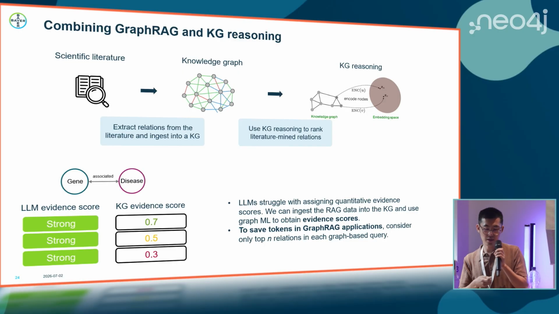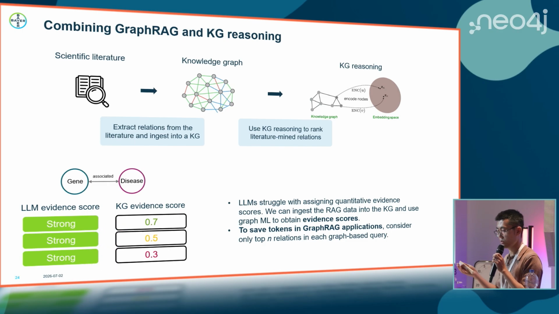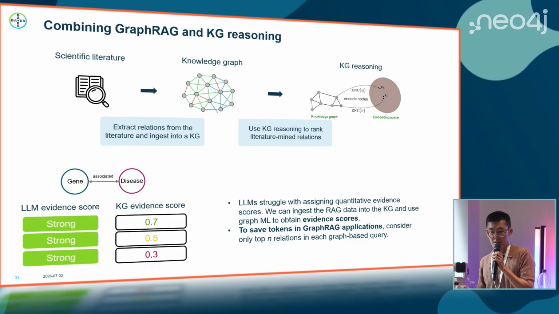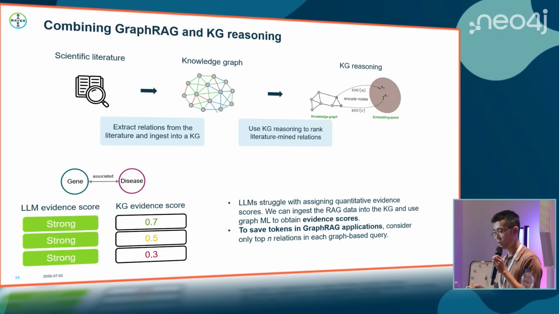At the surface level, you can just use RAG and have your LLM rank the evidence for certain relations. You can say, okay, strong evidence because it occurred in 2 abstracts or in 2 papers. So that's how it would work if you don't have a graph, right? If you just have an LLM and literature RAG, this is what you could do.